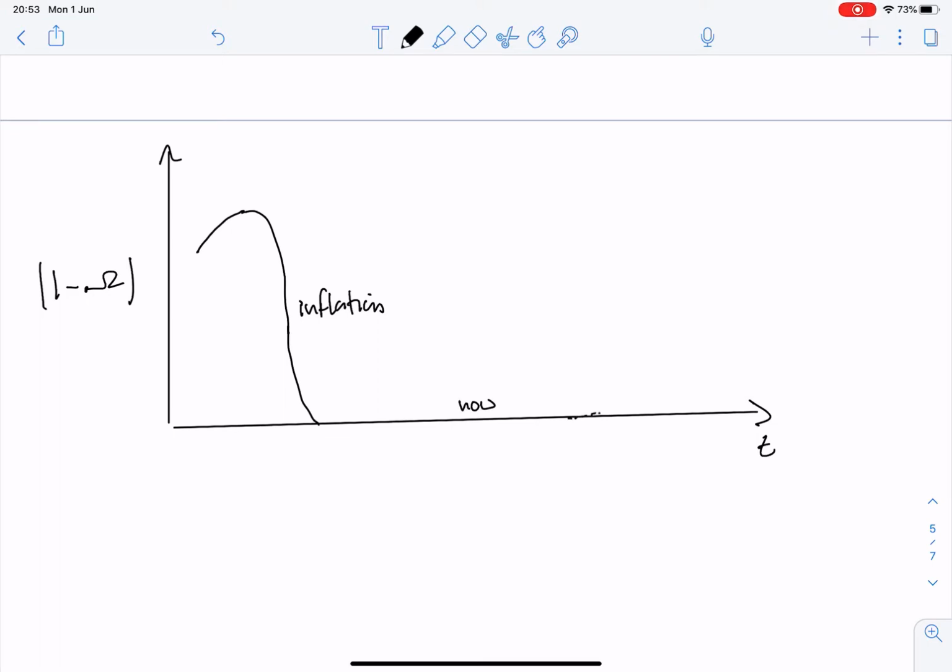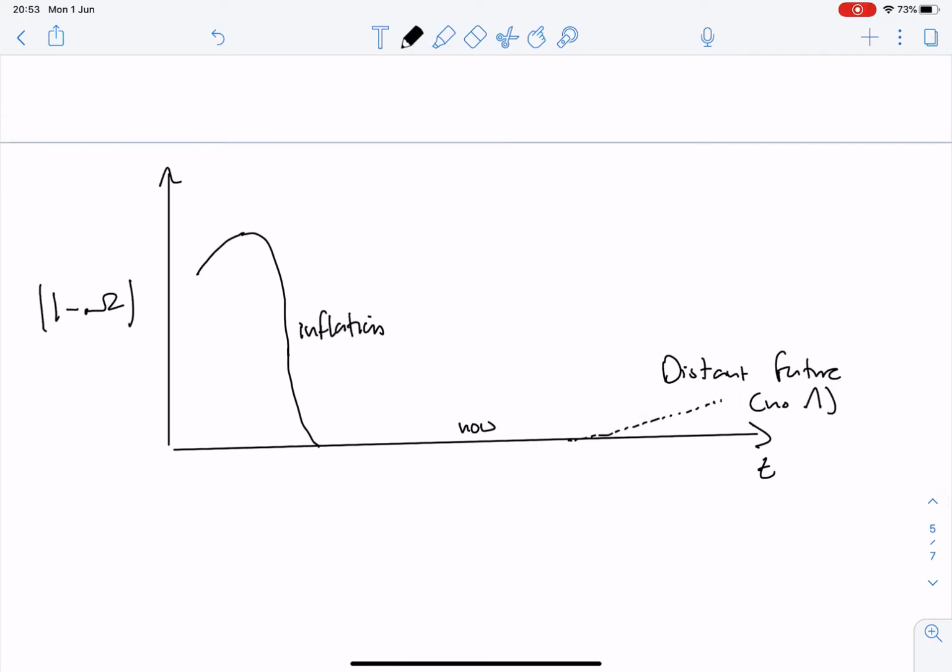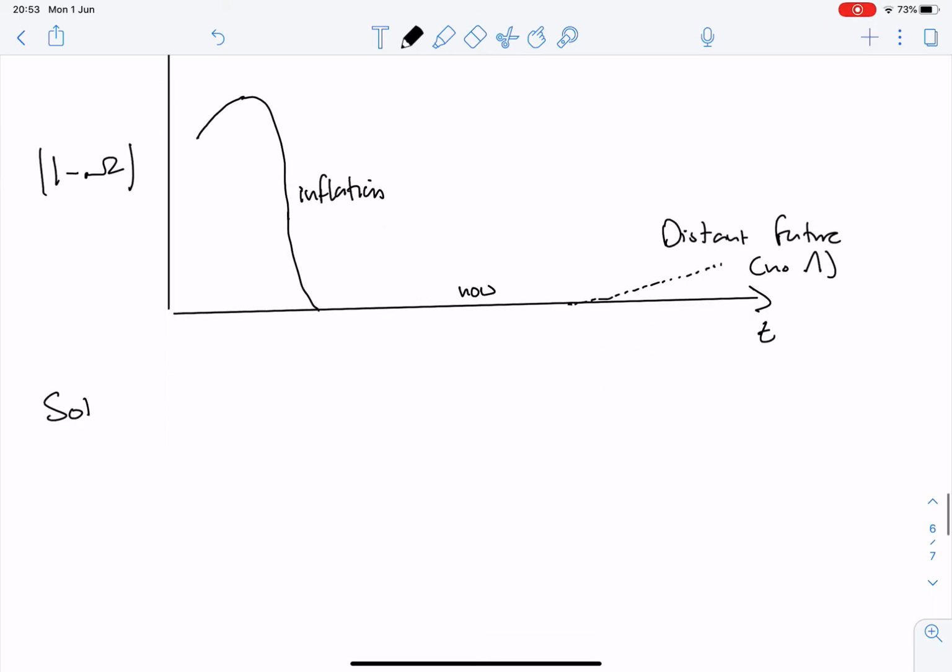And depending on what lambda does, in the distant future, if you don't have lambda, it may increase again. Of course, lambda will act to flatten it, because lambda does exactly the same thing. So the universe is not flat because it chose to be flat. It's flat because inflation enforced flatness upon it. And so those two problems, the horizon problem and the flatness problem, are both very neatly solved by inflation.